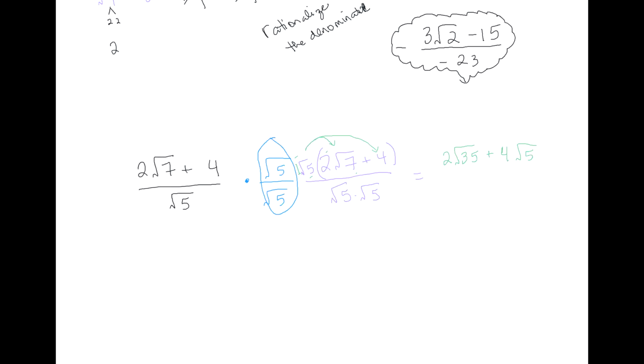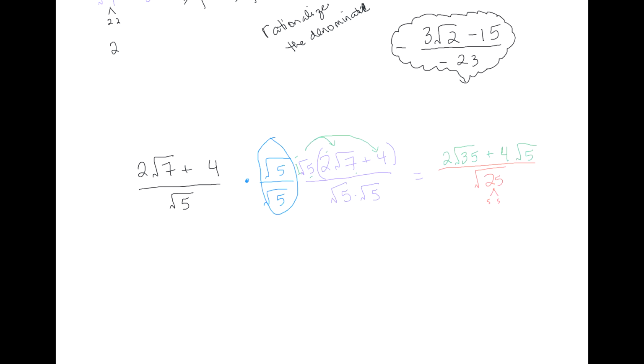So on the bottom, I have square root of 5 times square root of 5, which is the square root of 25, which is 5 times 5.